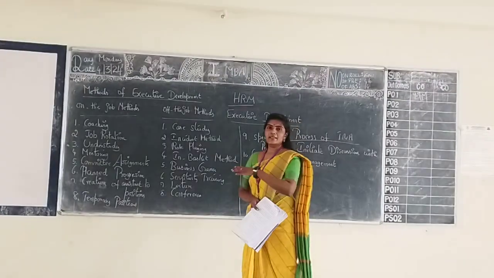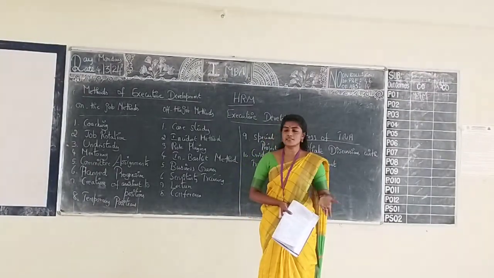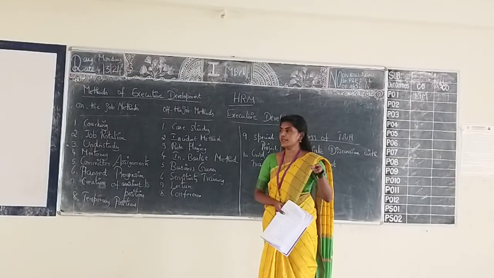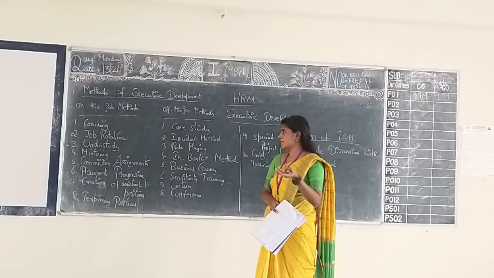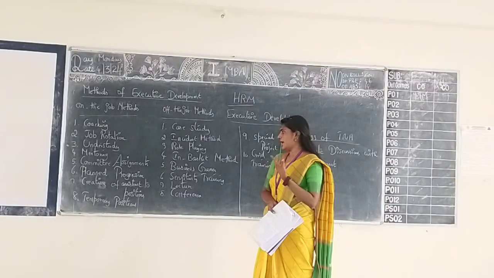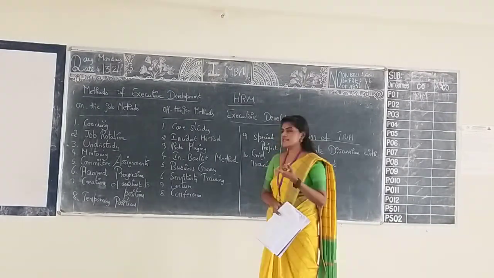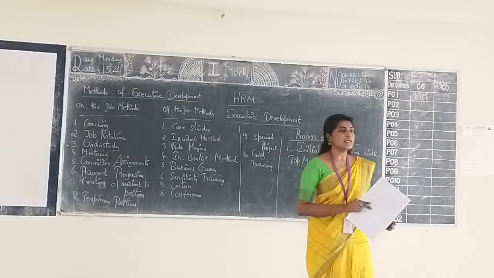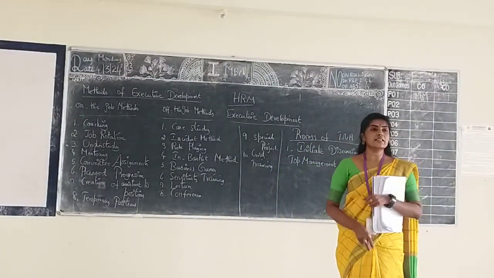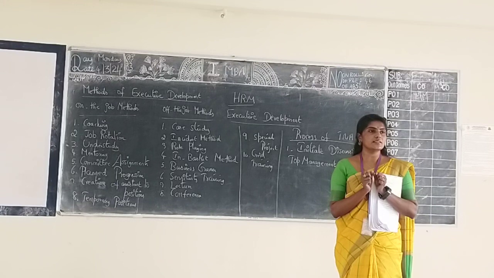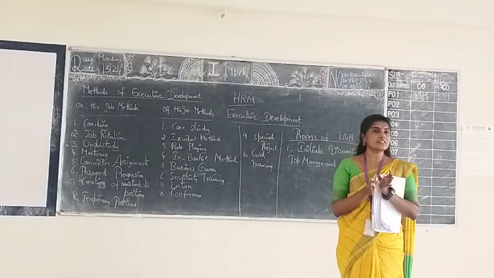We already saw in the methods of training: coaching, job rotation, understudy, mentoring, committee assignment, planned progression, creation of assistant to positions, and temporary positions. First, the new employee is placed in a specific job.